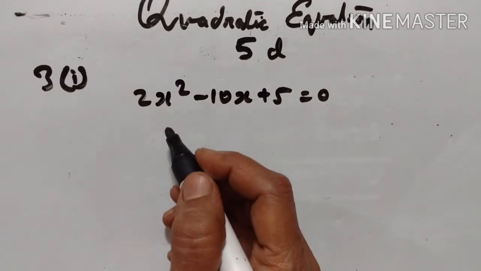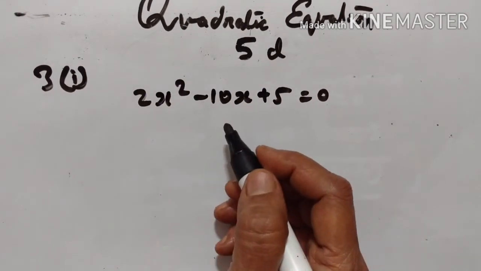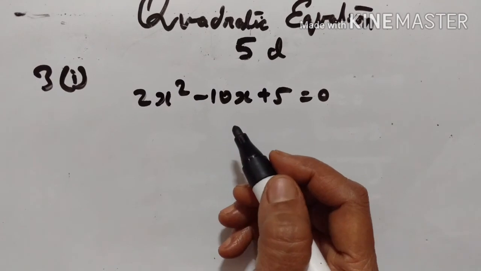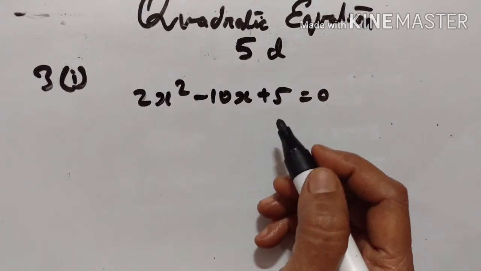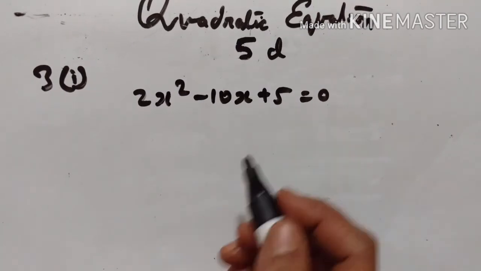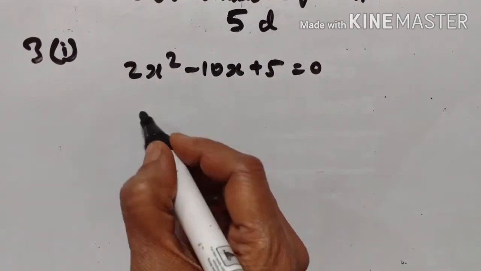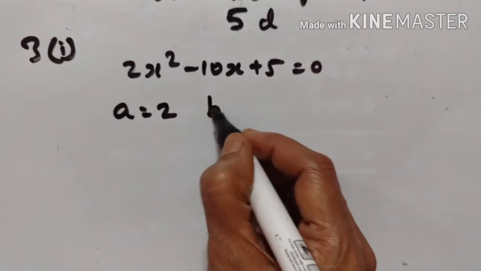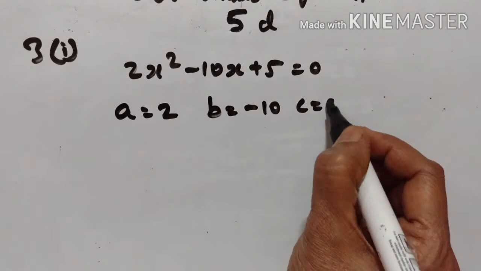Third problem. We have to solve this equation for x and we have to give the answer correct to 2 decimal places. So a is equal to 2, b is equal to minus 10, c is equal to 5.